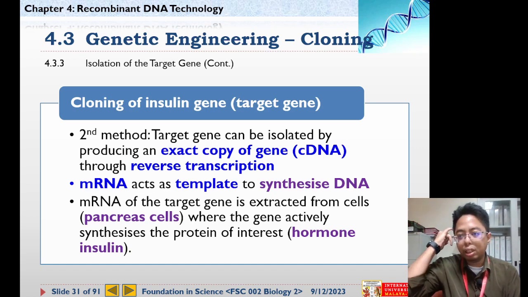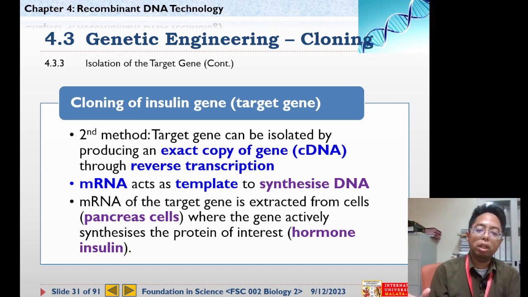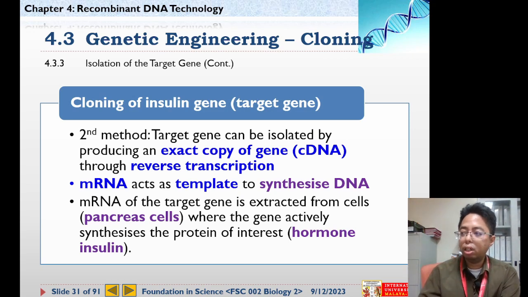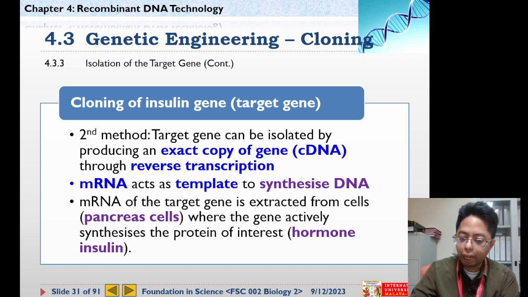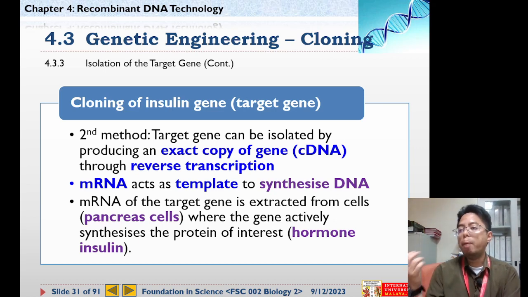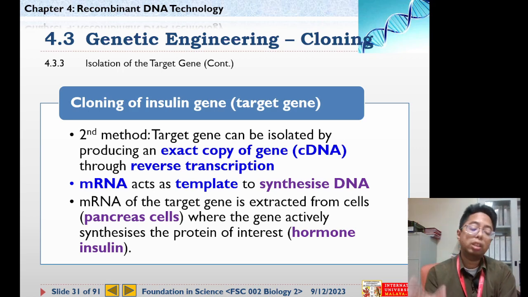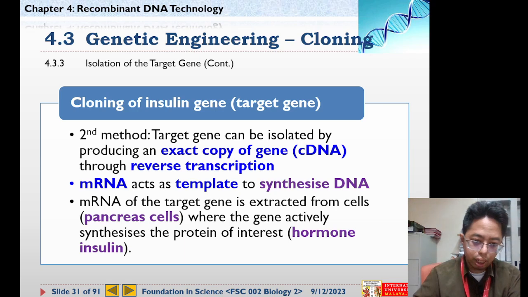So instead, you take the mRNA created for that certain substance. For example, for insulin, you look for the mRNA that created the insulin. Take that and use it as a template to synthesize the DNA. Usually, mRNA is made from DNA, but here, when you use reverse transcriptase, we use mRNA as a template to remake the DNA.